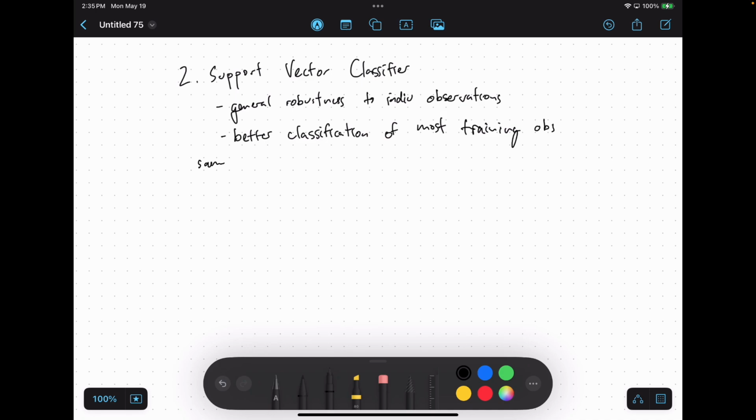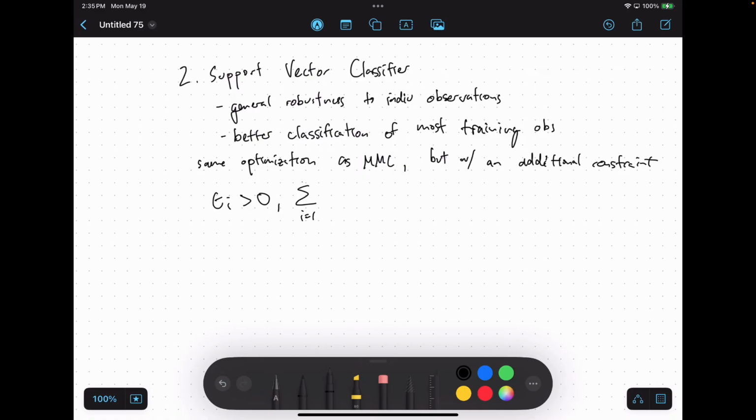So it's the same optimization as the MMC, but with an additional constraint. And the idea here is you have this thing, sum of i equals 1 to n, epsilon i less than or equal to C. So this is a tuning parameter.